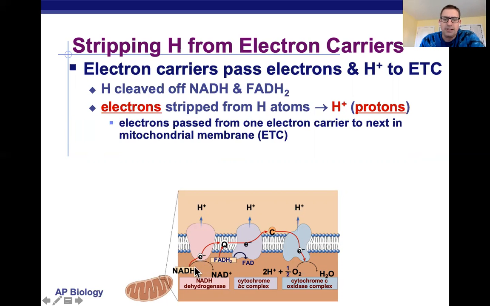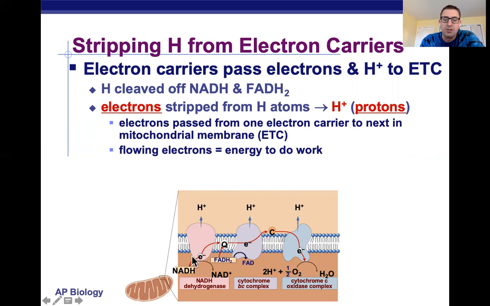So this NADH has its hydrogen removed. The electron gets stripped away and passed along the electron transport chain, and the protons, meanwhile, stay here in the mitochondrial matrix.